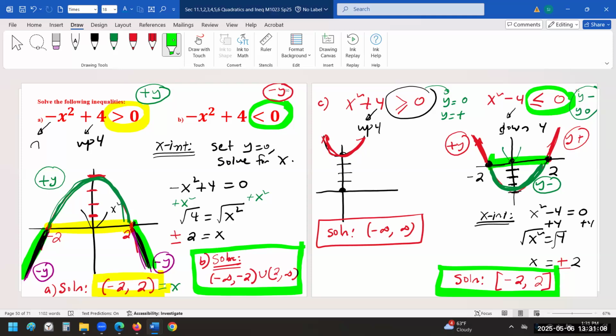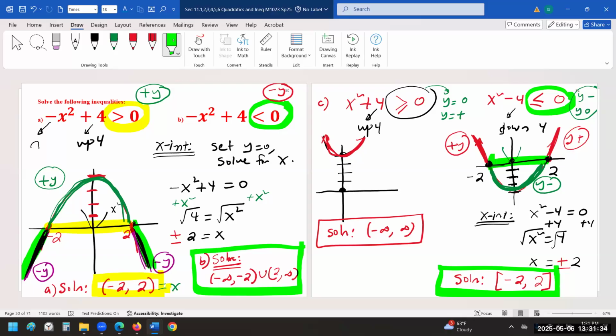And at 2, y is 0. So -2 and +2 give us 0 y, and everything between them gives us negative y. And you're looking for both of them, where y is negative and y is 0. So we take everything from negative 2 to positive 2, including negative 2 and positive 2.